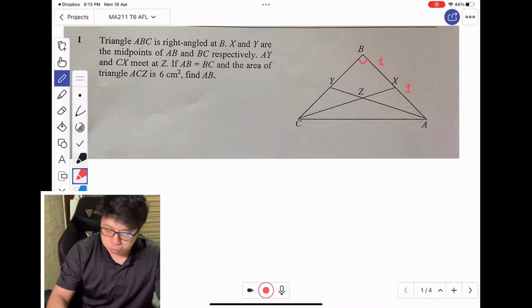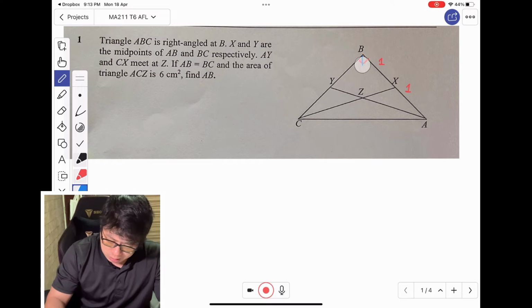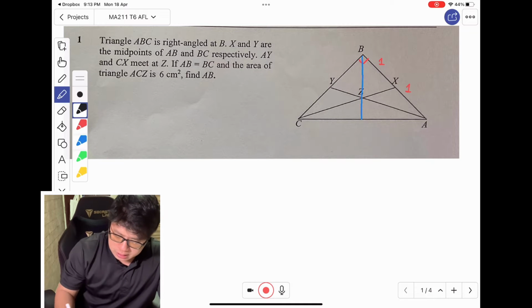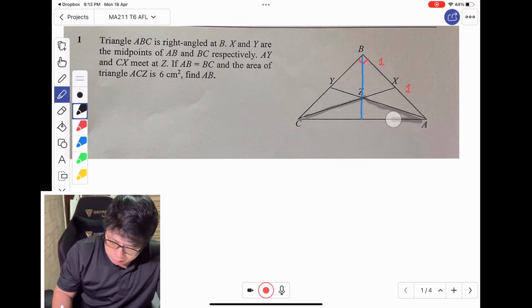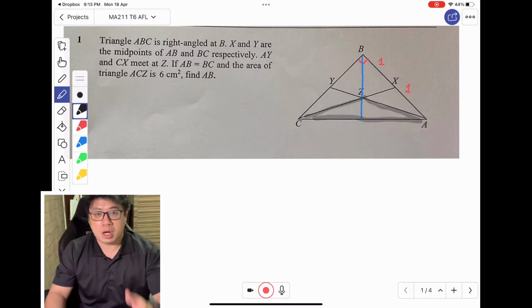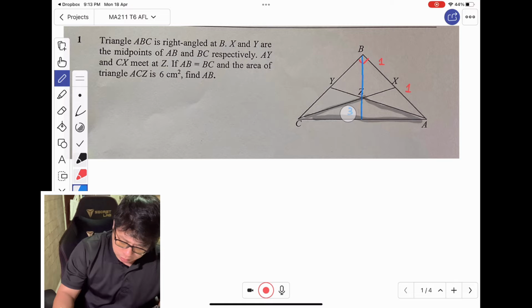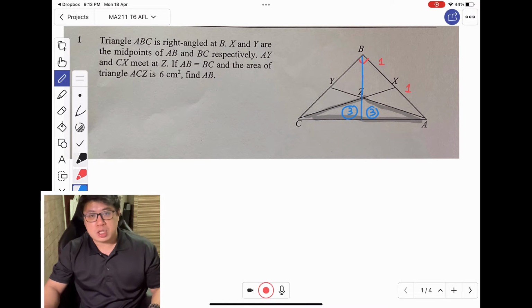Alright, so if I were to draw, for example, a split, I just split this up. Now I know that this triangle here, ACZ, is equal to 6 cm squared. If I cut it into two equal parts, the left will be 3 units, and the right will be 3 units as well.